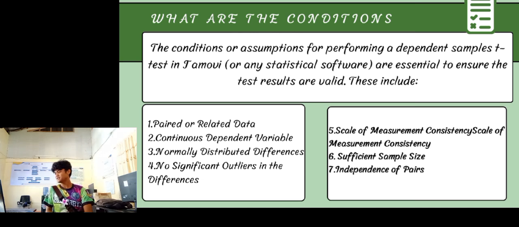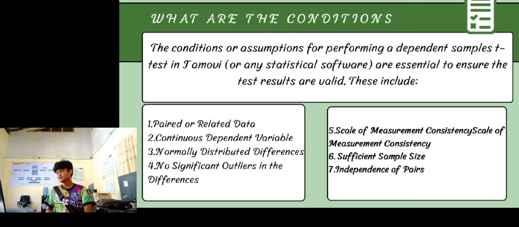Number 2 is continuous dependent variable. Number 3, normally distributed differences. Number 4, no significant outliers in the differences. Number 5, scale or measurement consistency. Number 6 is sufficient sample size. Number 7, independence of pairs.